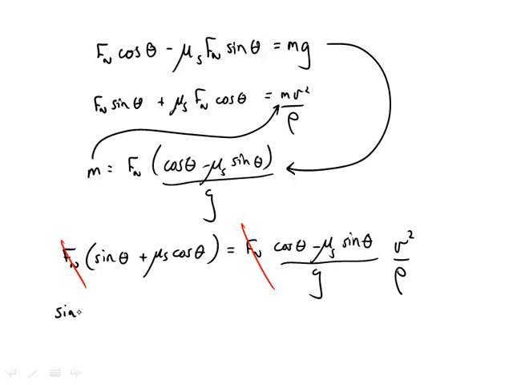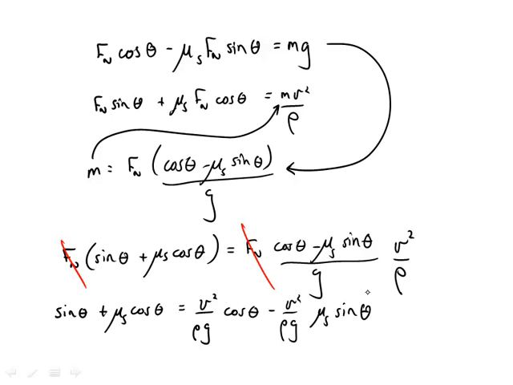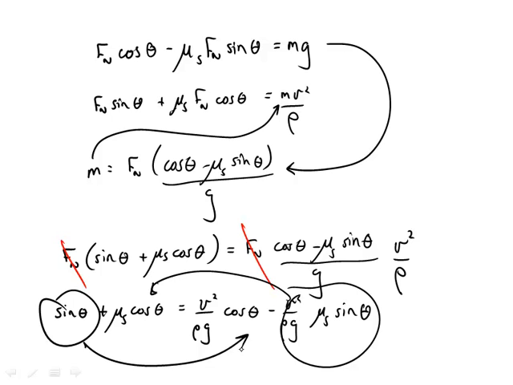So I've got the sine of theta plus mu sub s times the cosine of theta, equals v squared over rho g cosine of theta minus v squared over rho g mu sub s sine theta. And I'm solving for mu sub s. I'm going to bring this term over to the left side and this term over to the right side.